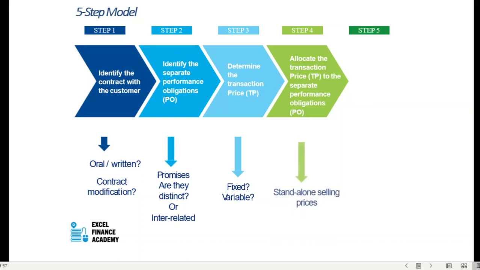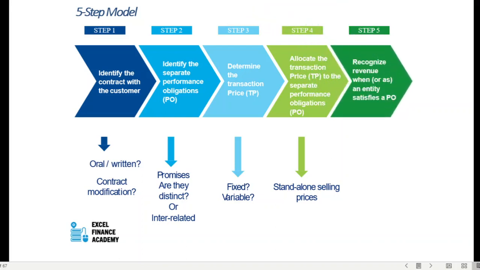We will look at that again in more detail. We have a process to allocate, but ideally the principle behind the allocation is that we try to understand the standalone selling prices of the performance obligations, and we look at whether there is any discount, and we allocate that discount over all the items, so that we are distributing the revenue based on the standalone selling prices.